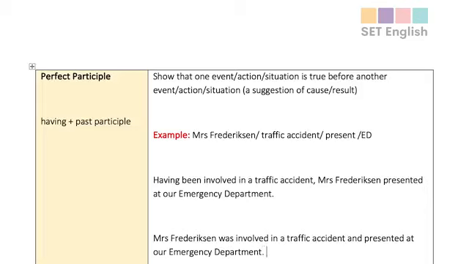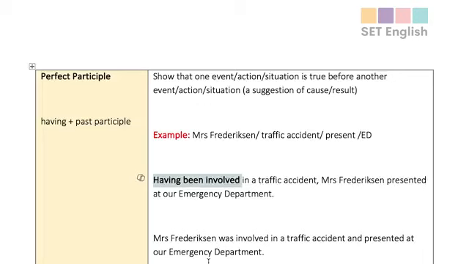So what's that? Was involved. Okay, so what you've got there is a passive, and whenever you have the passive, you've got to put that in as well in your participle clause.